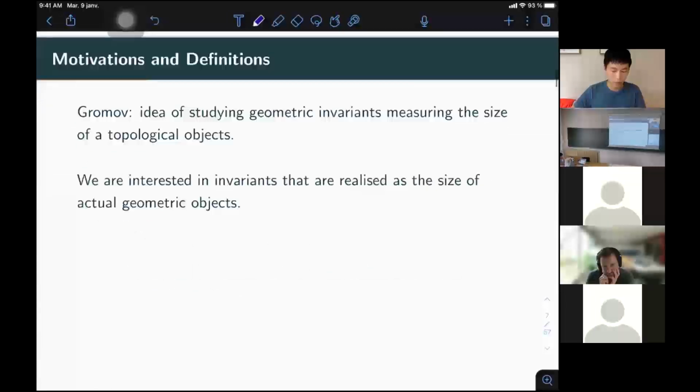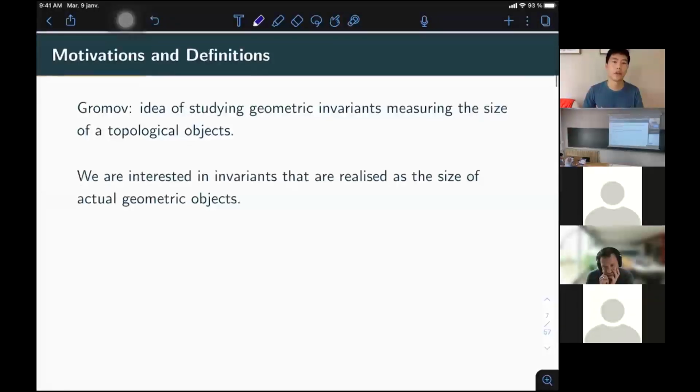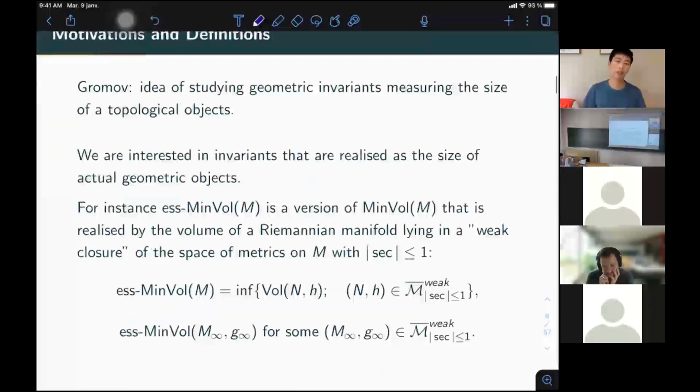And more specifically, I'm interested in invariants that actually can be realized as the size of a geometric object. So in the case of the minimal volume, I would like, in fact, to consider a variant of this minimal volume, which is this essential minimum volume.